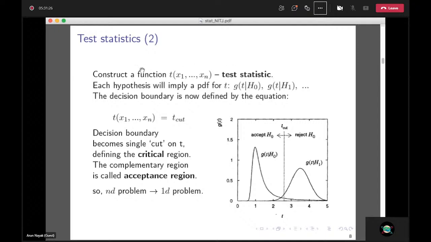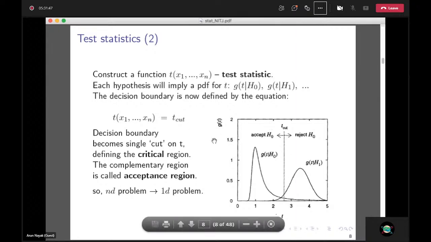Each hypothesis will then imply a PDF for the test statistic. Say we have g of t given H0 and g of t given H1, and then you can construct a decision boundary by a cut, say t cut here.